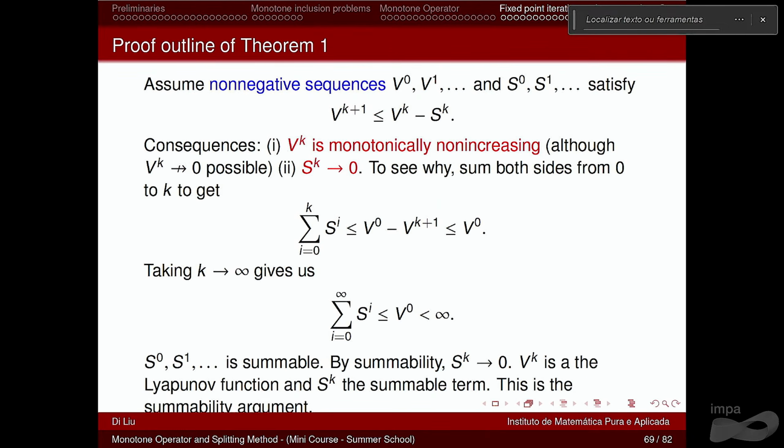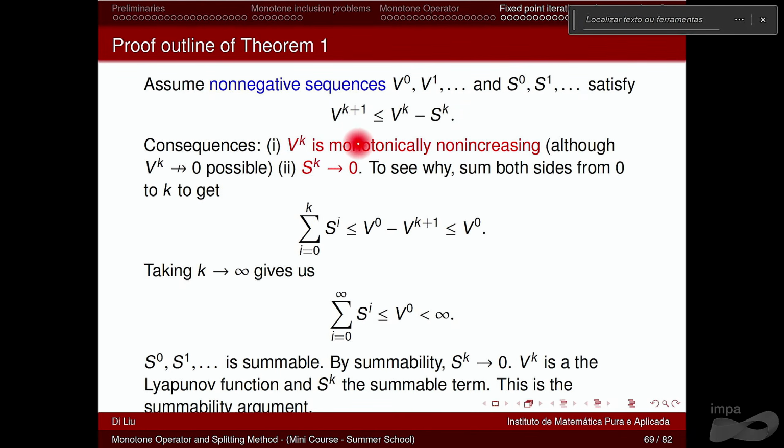So before we go to the proof of theorem 1, we need to mention a result which can be used in the analysis of theorem 1. If we have two non-negative sequences vk and sk that satisfy this inequality, then we have two conclusions.